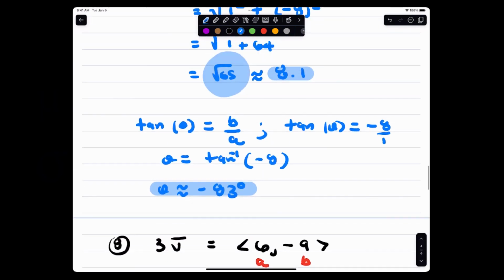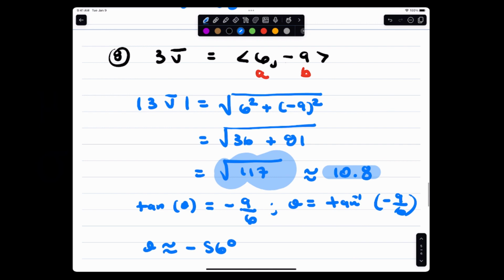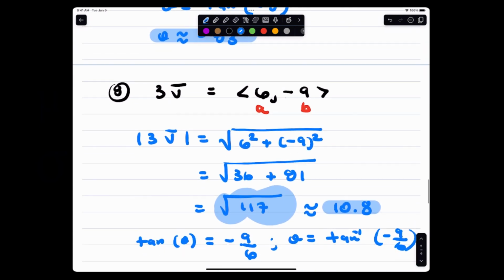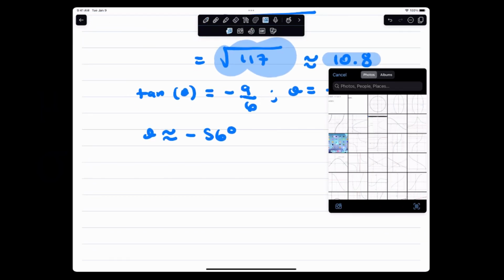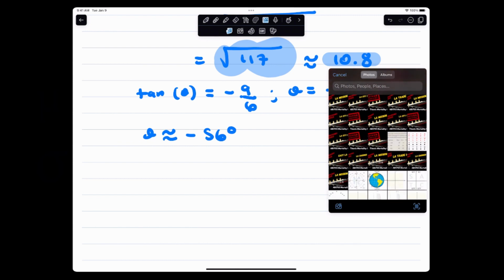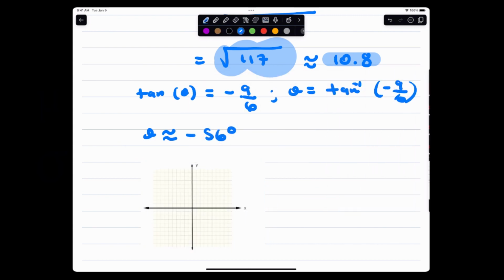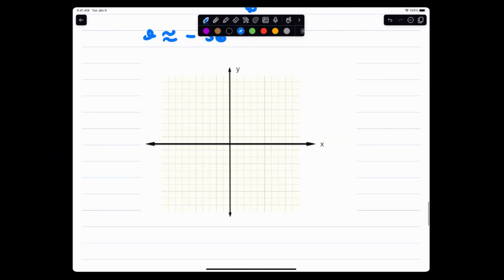Now, you say, but Mr. Judge, we don't know if this makes sense. So what should we do to figure out if it makes sense? Graph it. Six, negative 9. So you go to the right 1, 2, 3, 4, 5, 6.